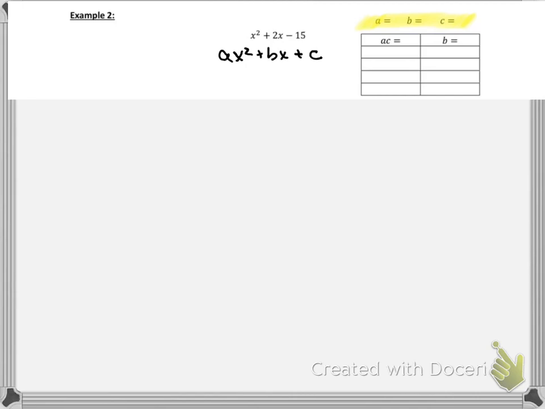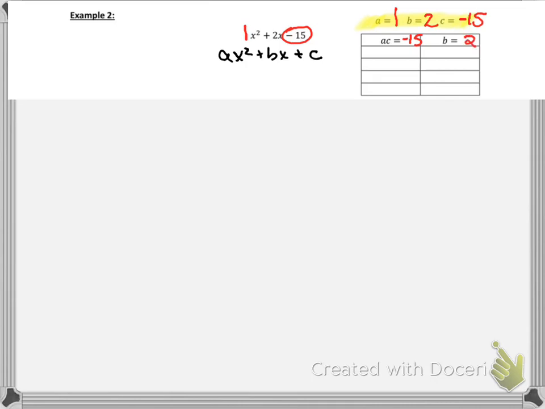Remember there's no number here, but we can always write a 1. There's 1x squared there. Then we see that b is 2, and c is not 15, but negative 15. Remember, the sign always travels with the numbers. So 1 times negative 15 is negative 15, and b is 2.